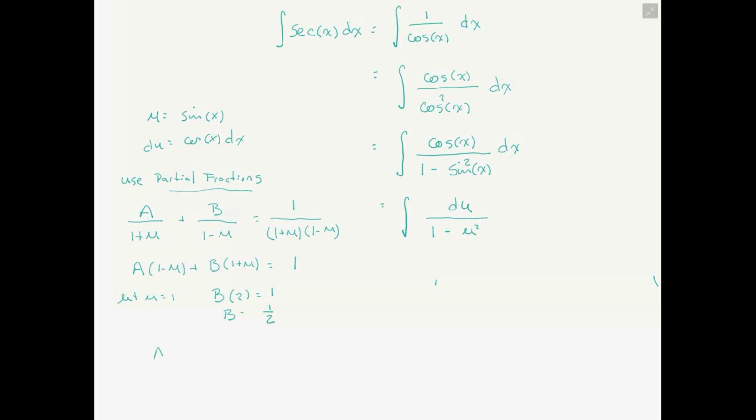Now we plug that back into the original equation, and we solve for a.